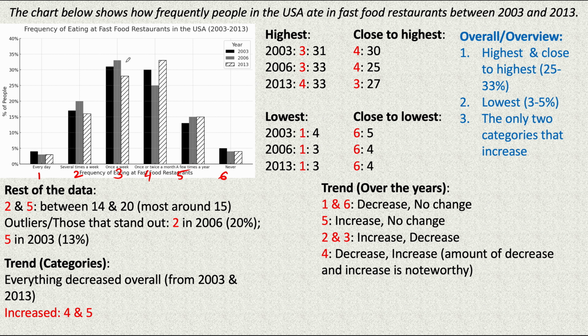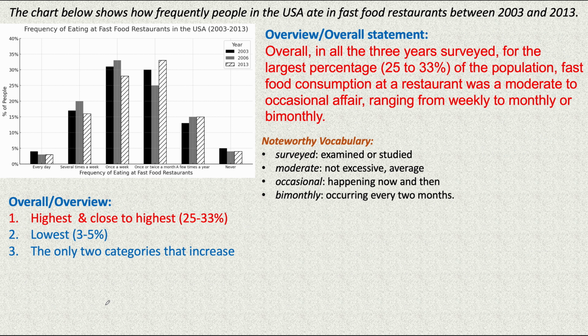Throughout, one common thing is that two categories are very high compared to all others, and two categories are very low compared to all others. So we mention it. Also, only two categories stand out, which increase overall after 10 years. This can be mentioned as well. Here is an overall statement.